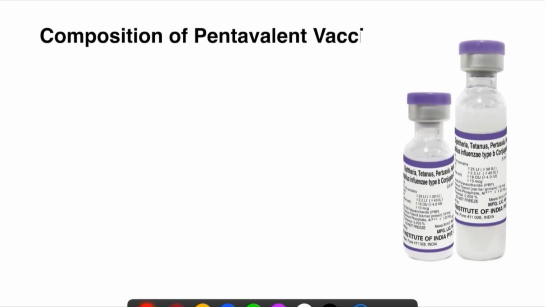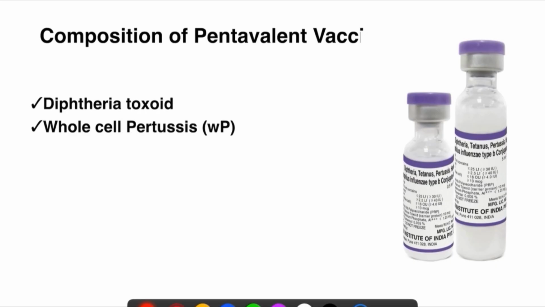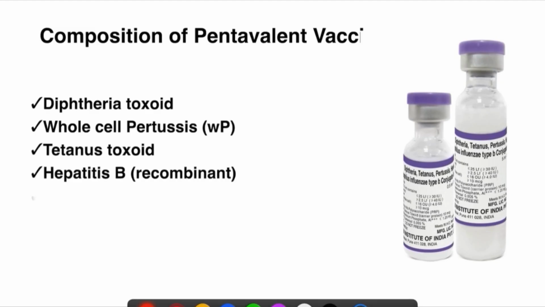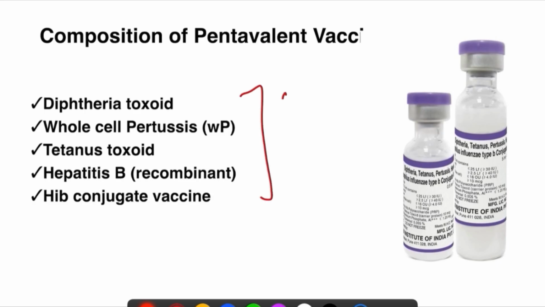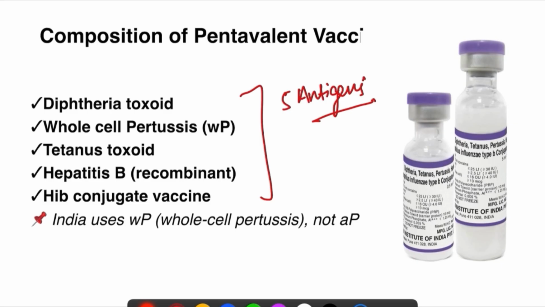Coming to the composition of pentavalent vaccine, it consists of diphtheria toxoid, whole cell pertussis, tetanus toxoid, hepatitis B, and Haemophilus influenzae conjugate vaccine. So it has 5 antigens. And an important point here is India uses whole cell pertussis rather than acellular pertussis.